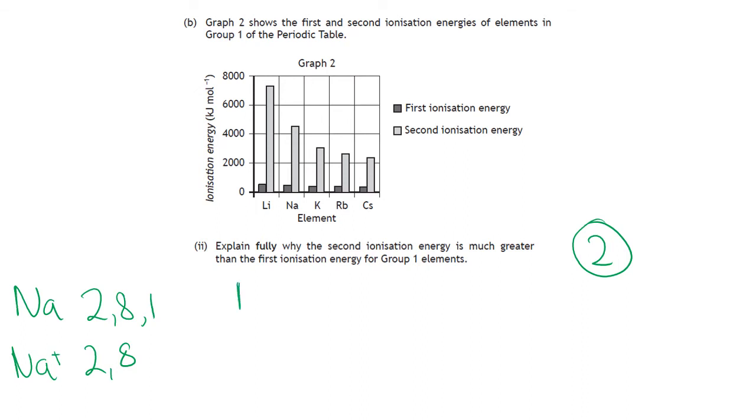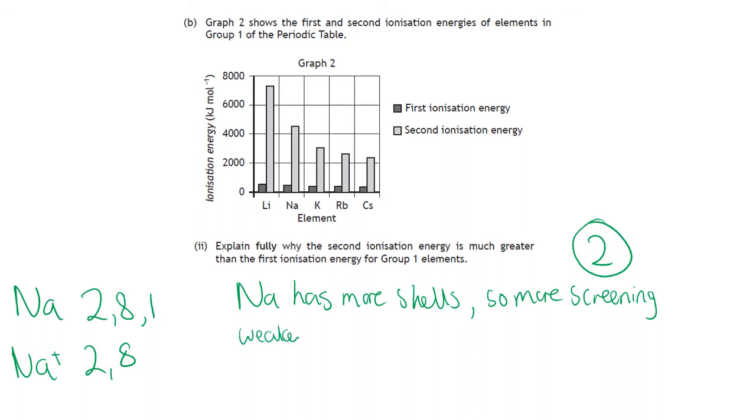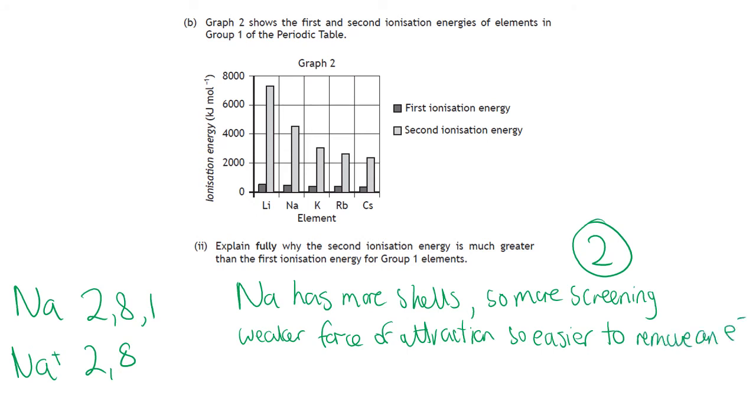So you can say Na has more shells, so more screening, weaker force of attraction, so easier to remove an electron.